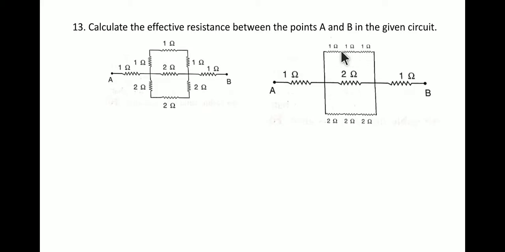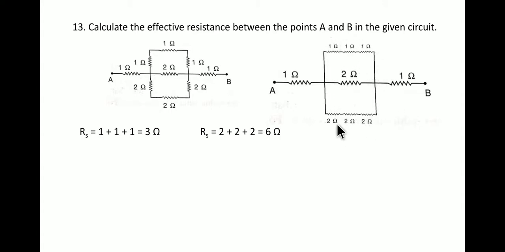So this is equal to 1 plus 1 plus 1, which is equal to 3 ohm. So from here to here, the equivalent resistance will be 3 ohm. Similarly here down there, 2 plus 2 plus 2 will be equal to 6 ohms. Alright, so this is 3 ohm, this is 6 ohm, and there is 2 ohm, which are connected in parallel now.